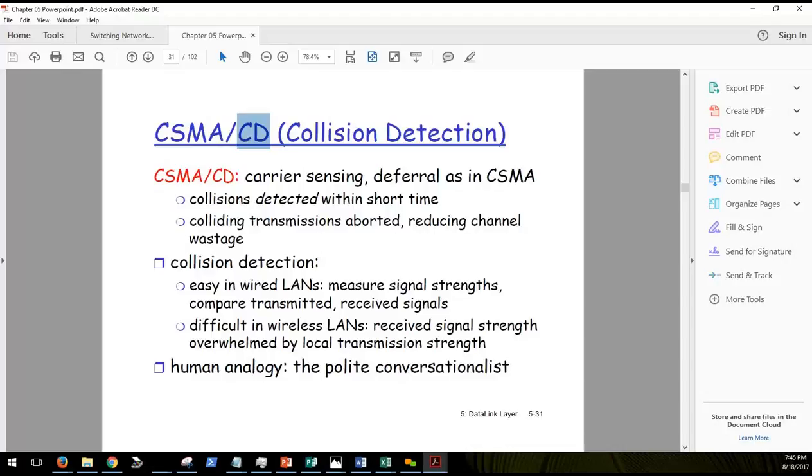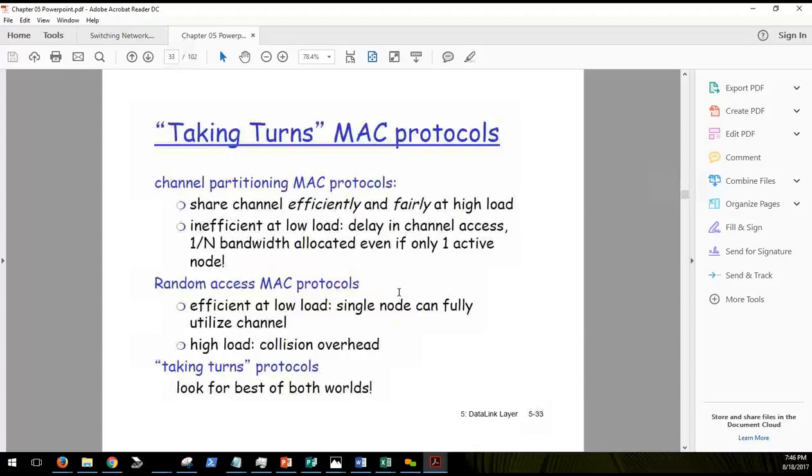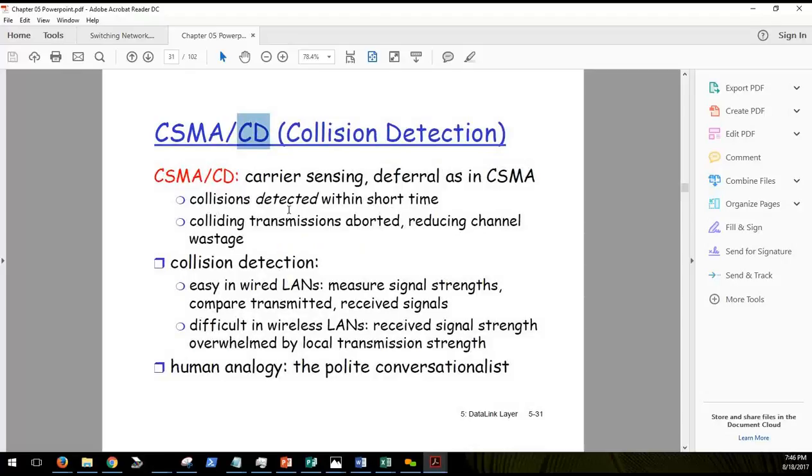I can't come up with another analogy for some of this. I can't think of any other examples off the top of my head to describe that protocol, except that they take turns transmitting.